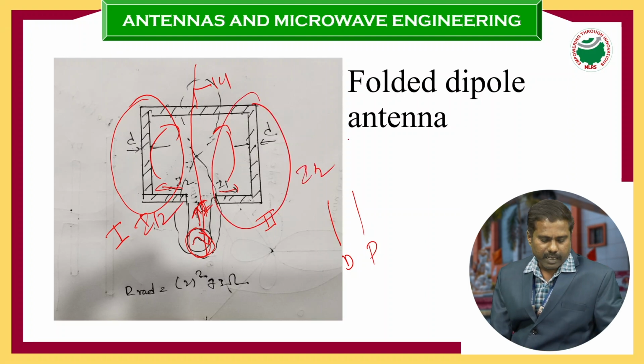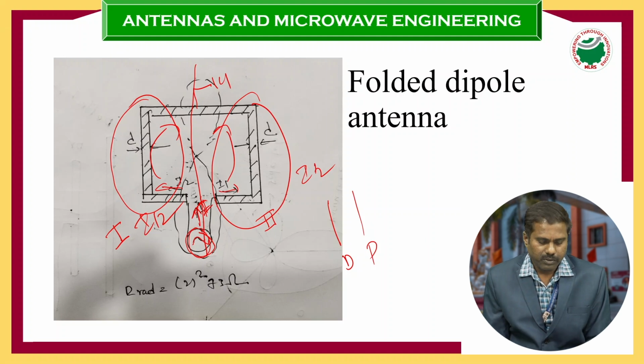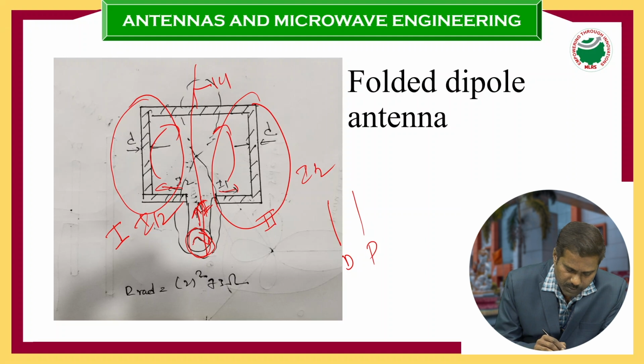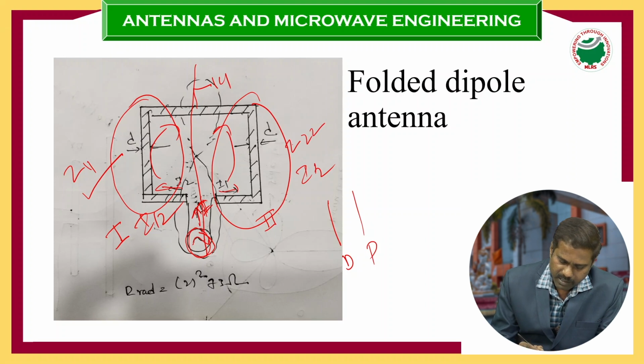The two currents flow into these two radiators. The first one generates a self impedance, that is Z11. The second one also generates a self impedance, that is Z22. This is 1, this is 2, that's why it is indicated by Z11 and Z22.